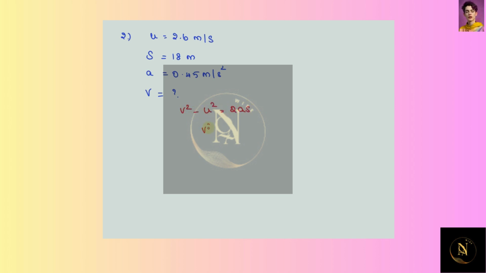In this case, we want v, so v squared is equal to u square plus 2as, and v is equal to square root of u square plus 2as. Now let's plug in the values.